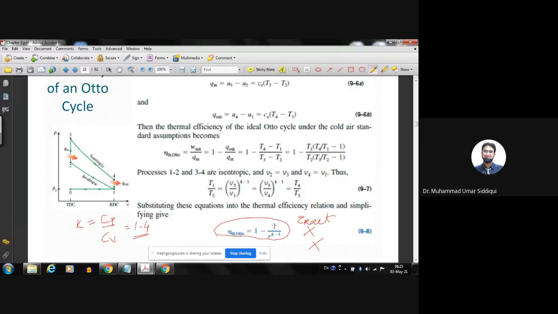But if it is the cold air standard condition, or it is said to use the approximate analysis, or the constant specific heat assumption, then you can use this formula. Otherwise, for the exact conditions, you cannot use this formula.